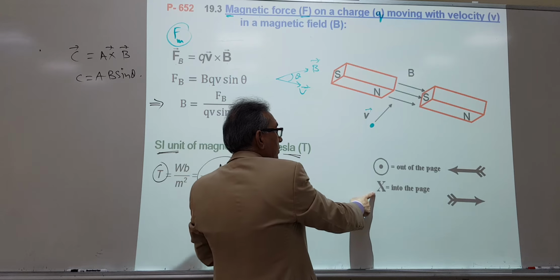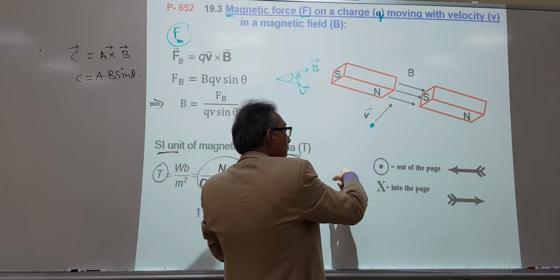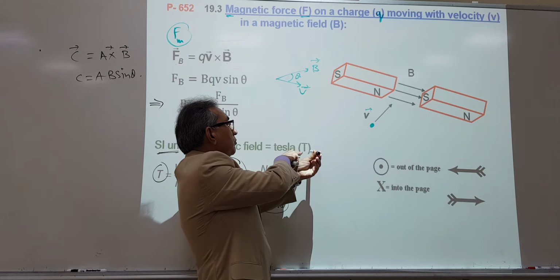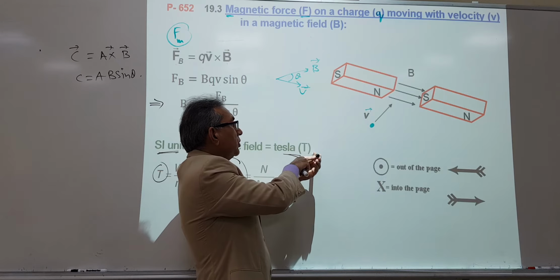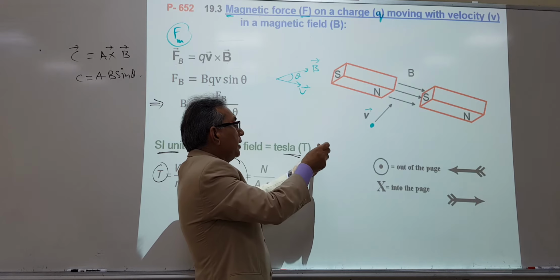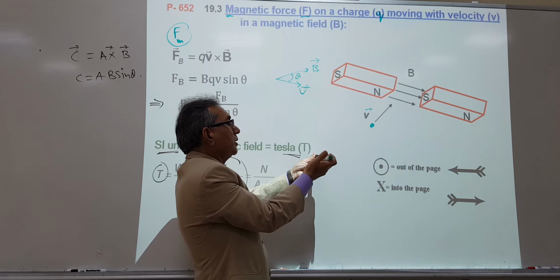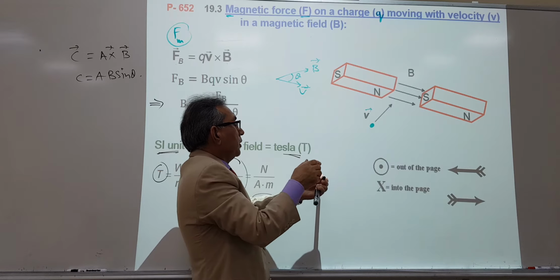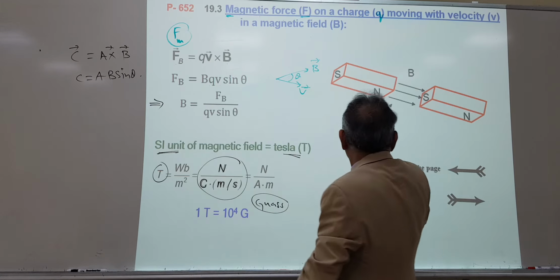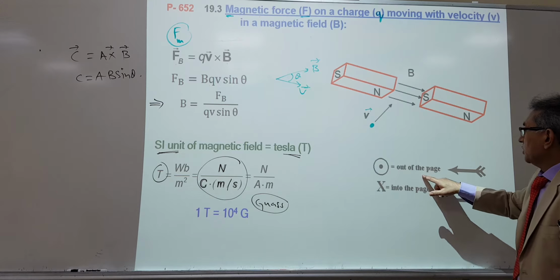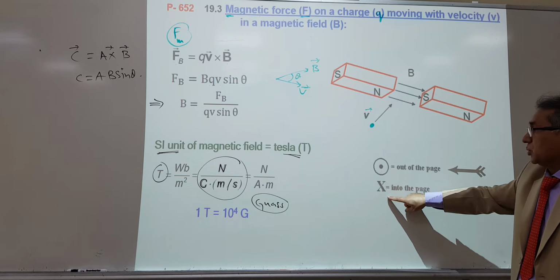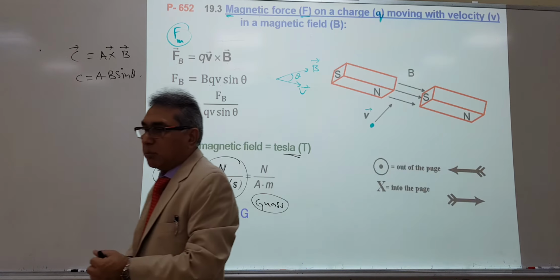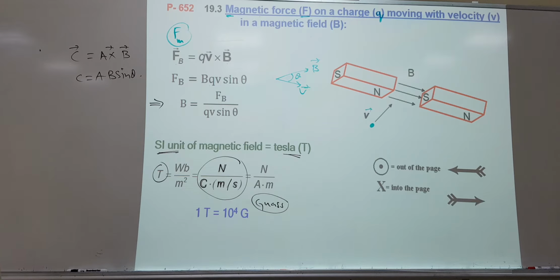When you see a cross, it means it is into. And if you have one magnet, for example, this is south, this is north, and this is the south of the other and the north of the other. So from the north to the south, it is out of. Once the magnetic field is in the out of direction, we use a dot. So dot for out of, cross for into. Keep in mind.